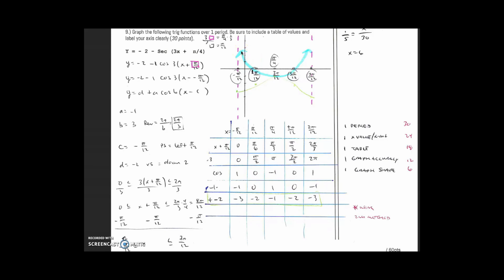Here's a way you can double check your answer to know there should be an asymptote there. If you go back to the original problem, 3 times x, so 3 times negative pi over 12 gives you negative pi over 4, and negative pi over 4 plus pi over 4 gives you 0.